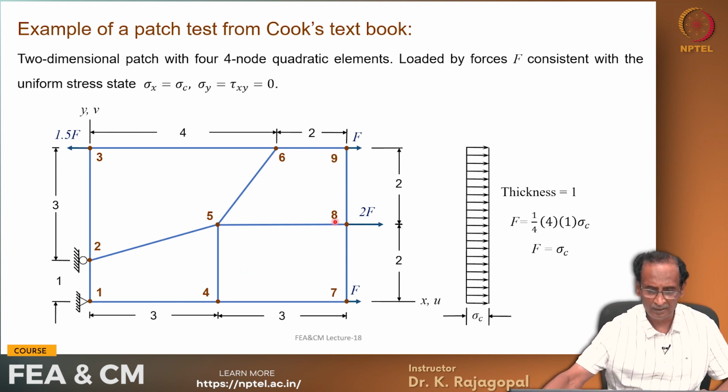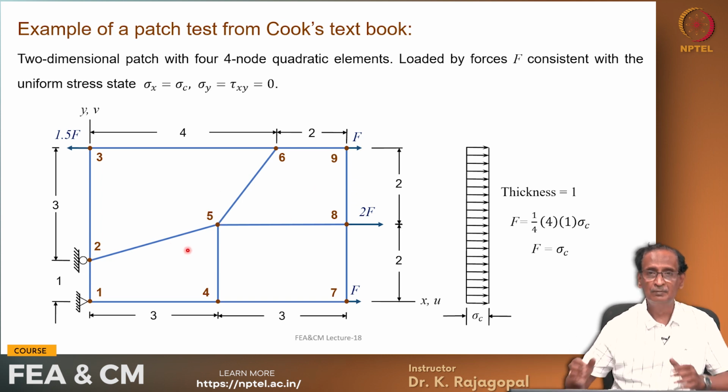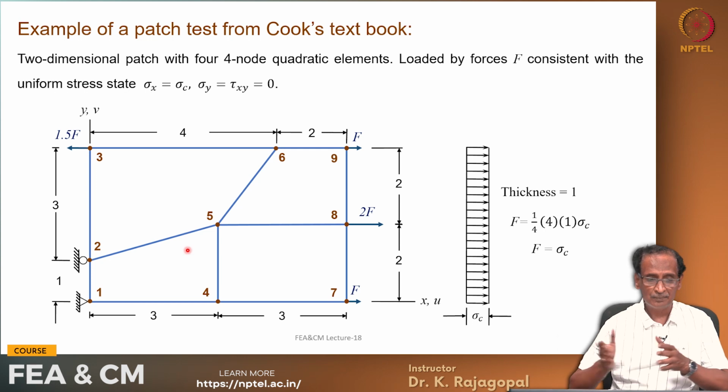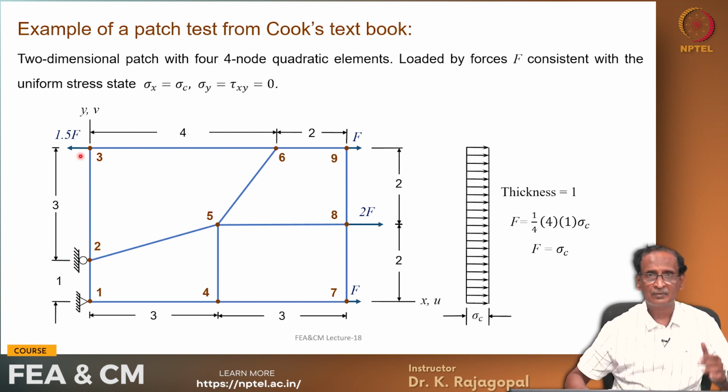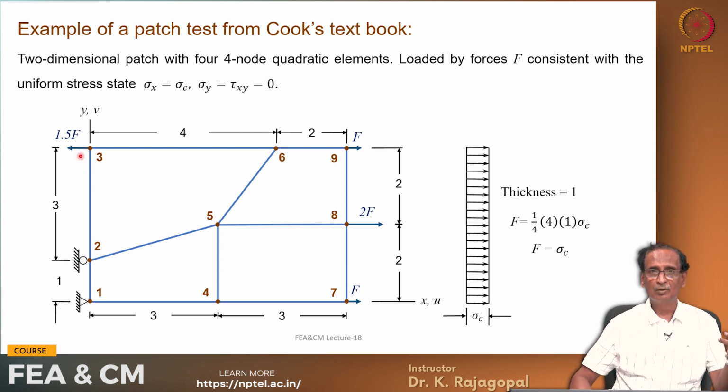Only one element is a rectangular element, and all the others are distorted. And then we have the same pressure acting on this surface also, and we know that on any 2 node surface the load is distributed equally between the 2 nodes.